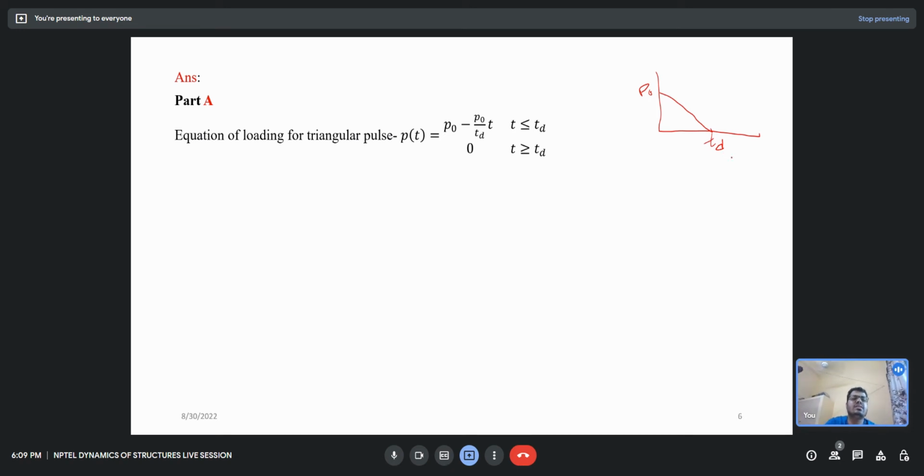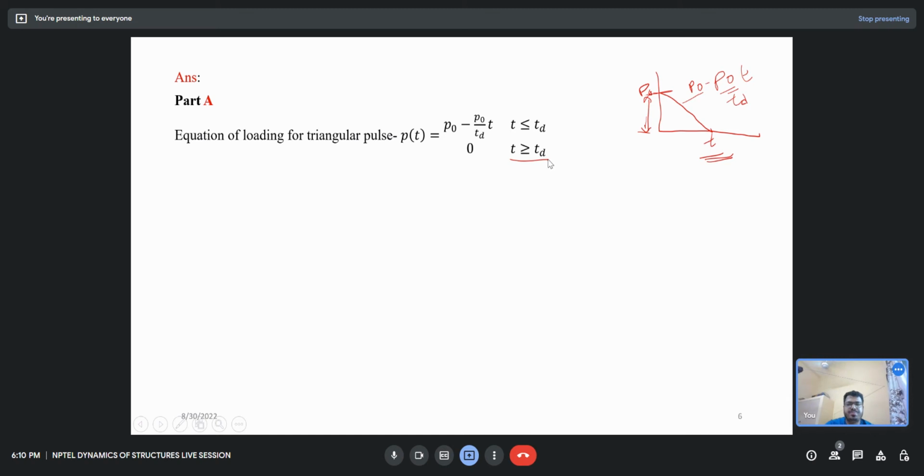You can calculate easily the equation of this line: P naught minus P naught by td into t. That is the equation of the loading pulse if t is less than td, and it is 0 if t is greater than td.